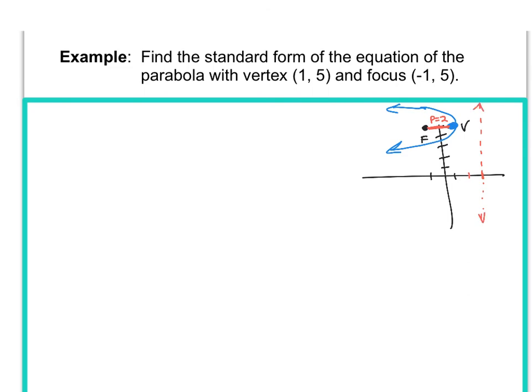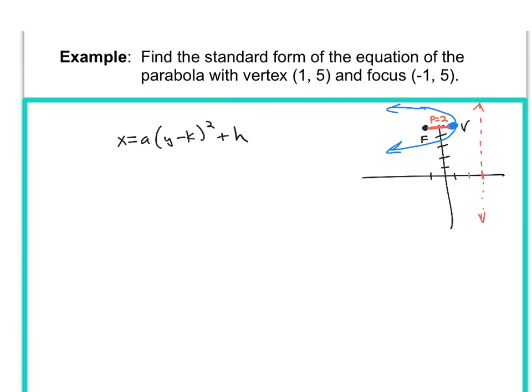In this case, I don't need the equation of the directrix, so I'm just going to take the knowledge that p is 2 and let that help me find my equation. Now, because it's opening left or right, in this case left, my standard equation is going to be x equals a times y minus k quantity squared plus h.